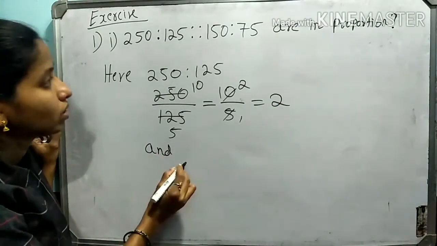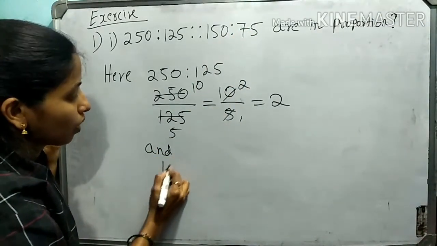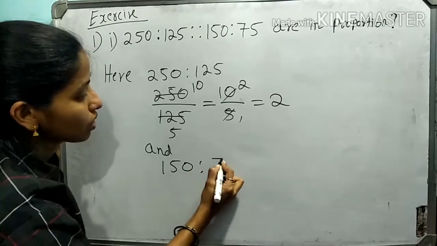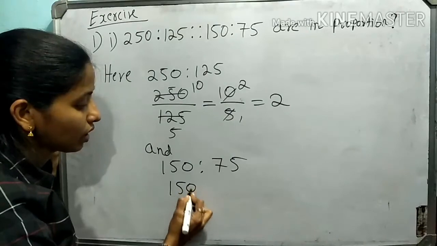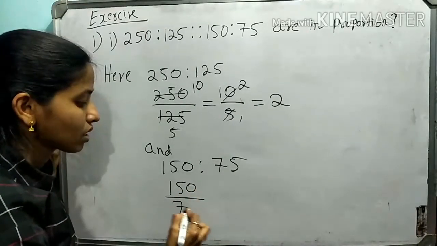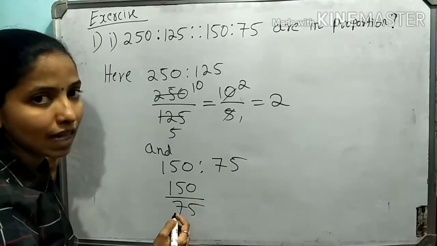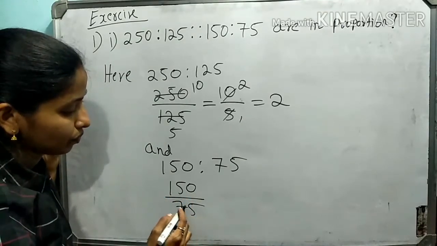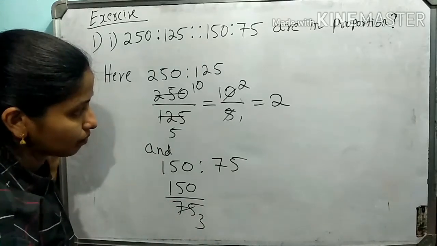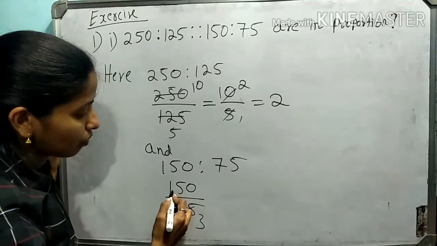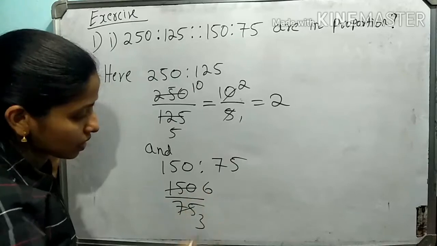And the second ratio, 150:75. We can write this as 150 divided by 75. We can reduce further by cancelling the common factor. 25 threes are 75, 25 sixes are 150.